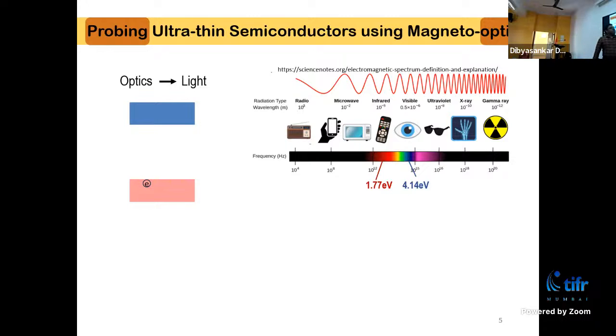And if you go a little the other side, ultraviolet, it will be 5.5 eV and so on. Earlier I showed the band gap was about 3.5 or so. So with visible light, you can excite an electron from the valence band to the conduction band. You just shine a light and the electron will hop from the valence band to the conduction band.